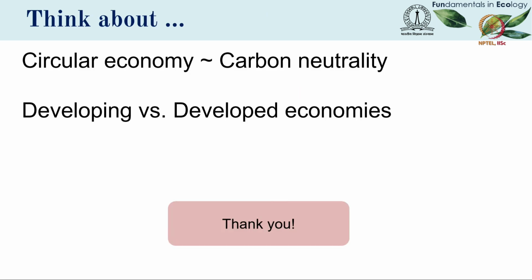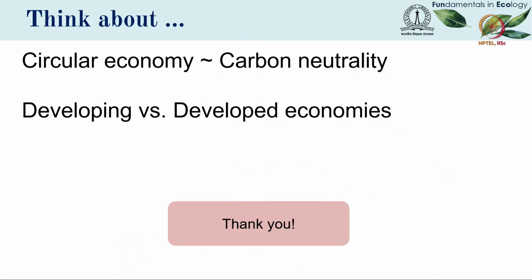Okay, so that brings me to the end of this part 2. Things for you to think about next could be to explore the concept of the circular economy. To put it in very simple terms, when the byproduct or the waste of one sector becomes the raw material for another sector, and if you keep doing this, then the economy circulates materials very effectively without producing any waste.